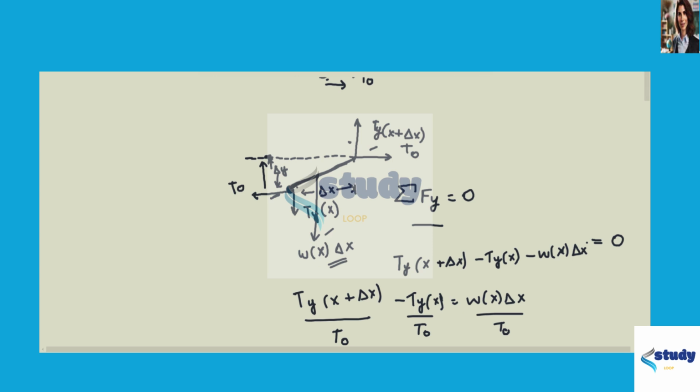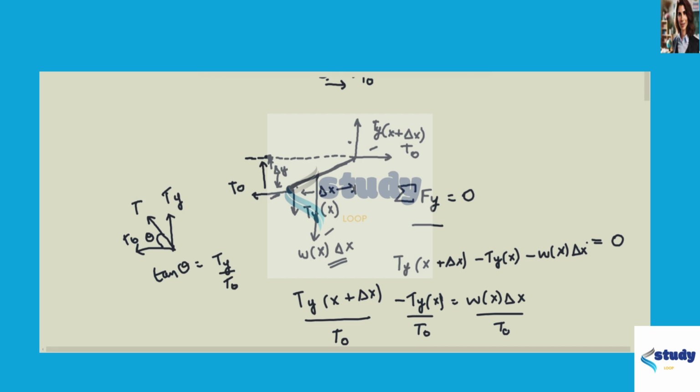And we know that Ty is the vertical force and T naught is the horizontal force, and this will be the resultant tension, and if this angle is theta, then tangent of this theta would be equal to Ty over T naught.